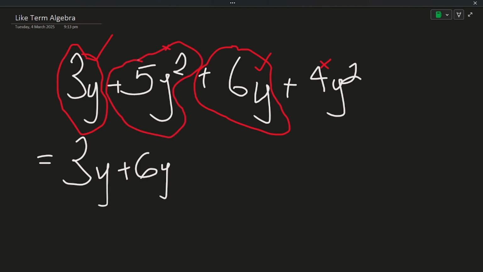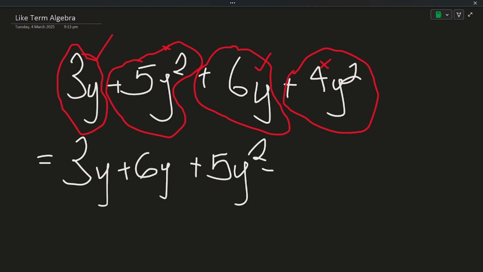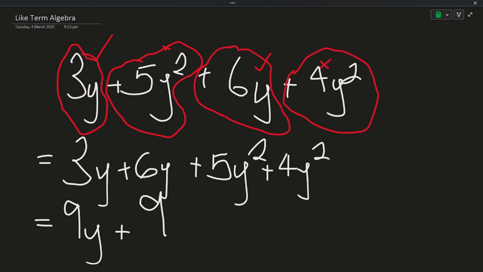So you group these two together, because unlike the y, they may not be similar to the y, but they have the same variable as each other. So you'll just use these two, same variable. So it'll be plus 5y squared plus 4y squared, which is 9y plus 9y squared.